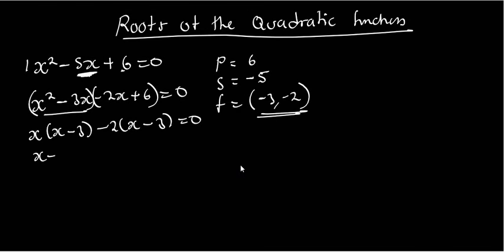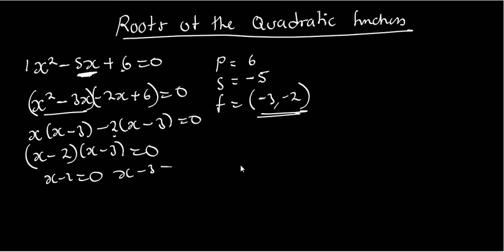So we have x minus 2, then x minus 3 equal to 0, x minus 2 equal to 0, x minus 3 equal to 0, such that this 2 will go to this side, meaning x equal to 2.